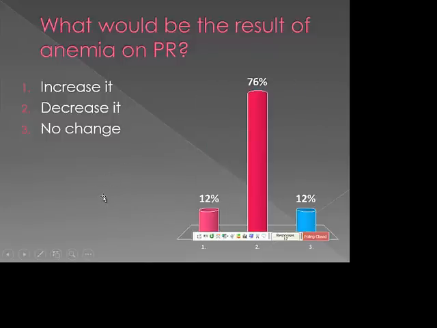Anemia will decrease it. If polycythemia increased resistance because it made blood more viscous, anemia means fewer cells, blood is less viscous. So it decreases it.